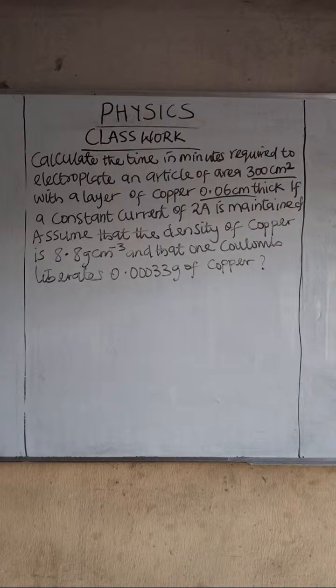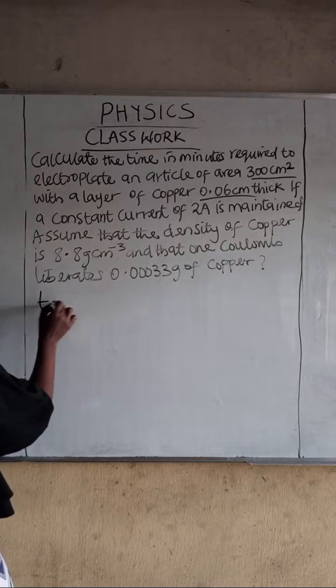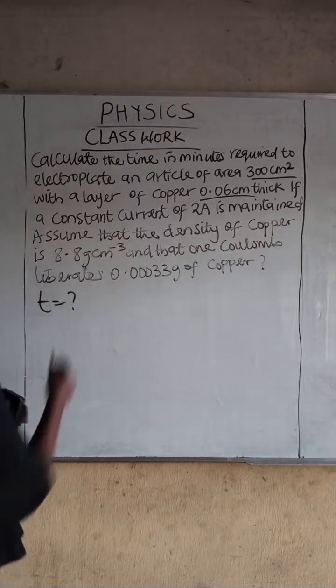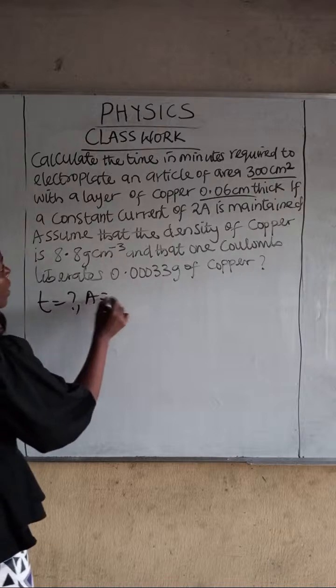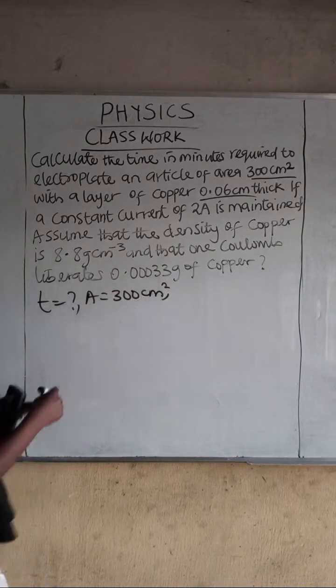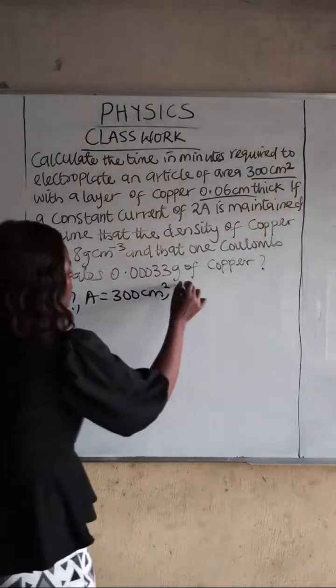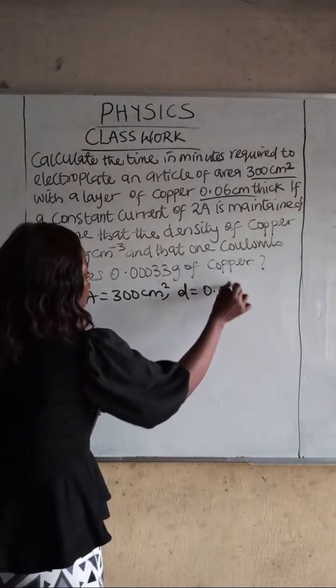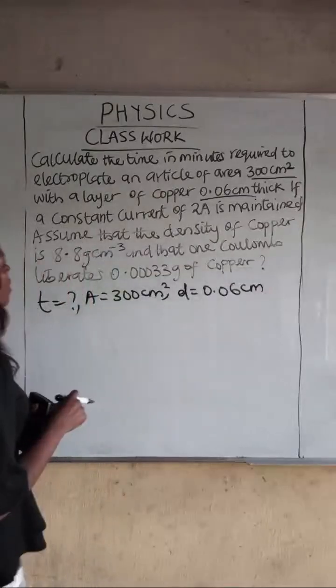Okay, Naya, you said 8 minutes. No problem. Let's just solve, okay? Charity Kalio, you have retracted your own. All right, let's solve. So we're looking for T, that is unknown, okay? My area is 300 centimeters square, then my thickness is 0.06 centimeter, all right?